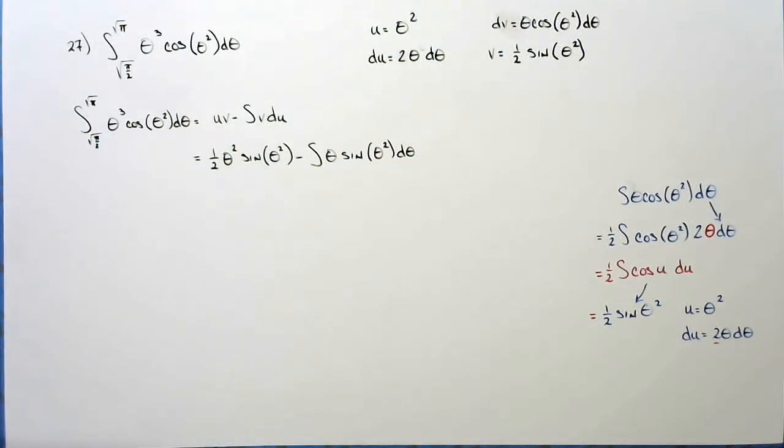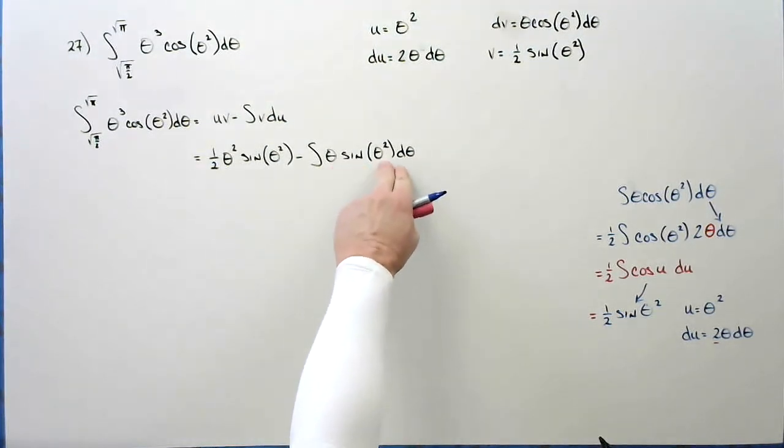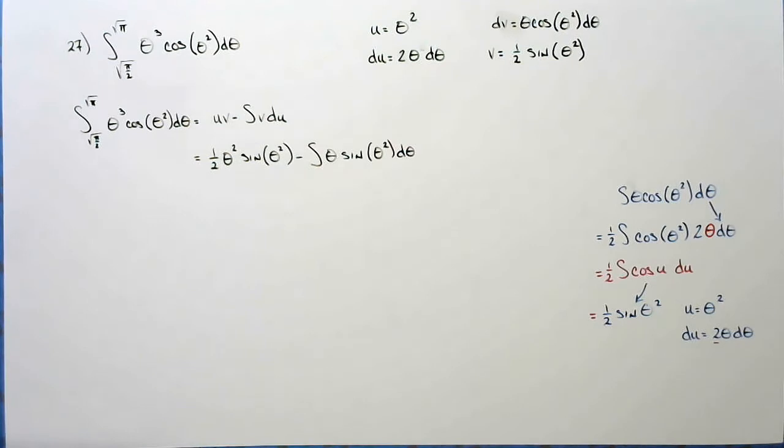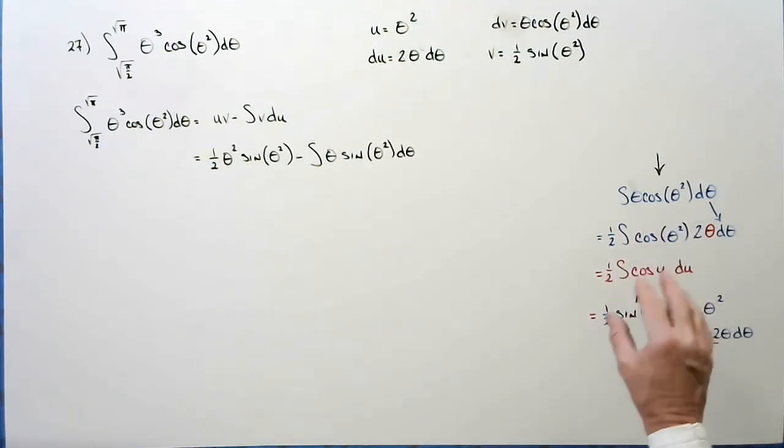Well, you know, a funny thing, I think we know what the integral of theta sine theta squared d theta is going to work out to be. Because we did essentially the same integral right here, other than we did it for cosine. Over here, we're going to do it for sine. We don't need to redo this u substitution.